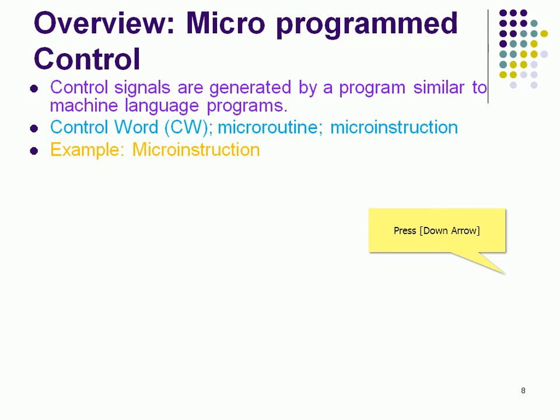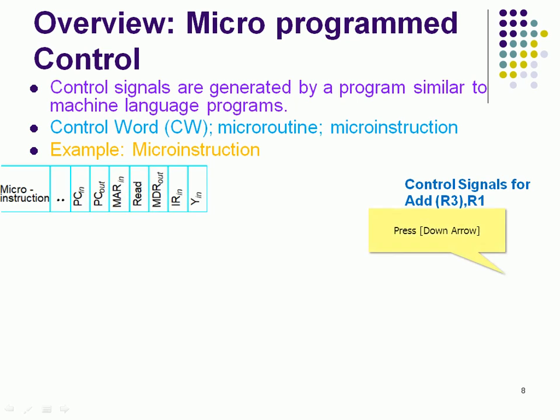Control signals for add (R3), R1 is nothing but adding the contents of R3 to R1. So it is a memory read operation. First we have to read the memory at R3 and bring the data, which will act as the data for addition.